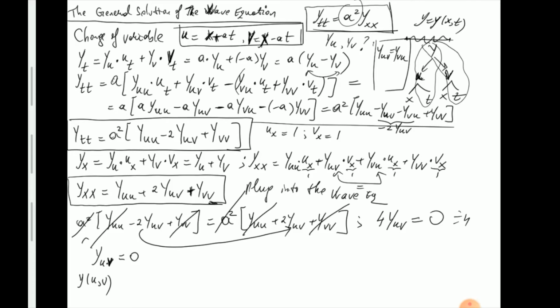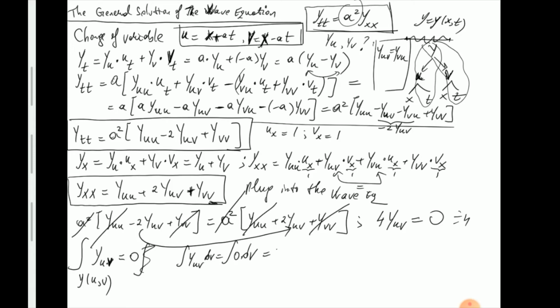So if I integrate both sides with respect to v, this is just calculus 1 integration. I eliminate the partial v on the left side.